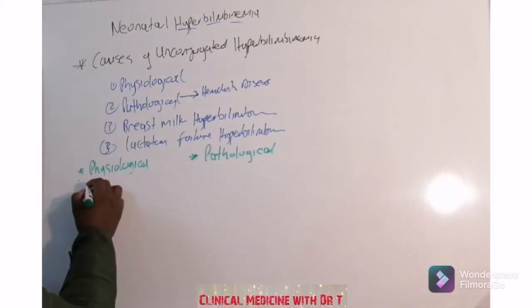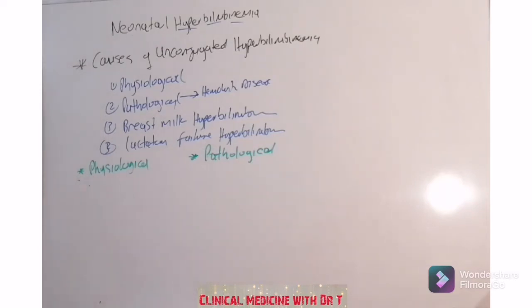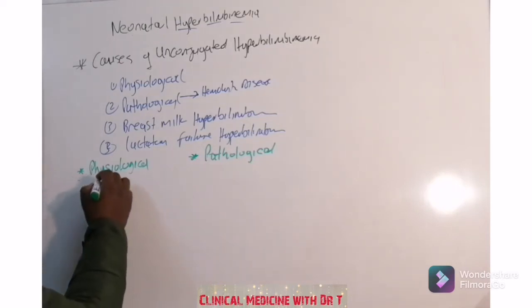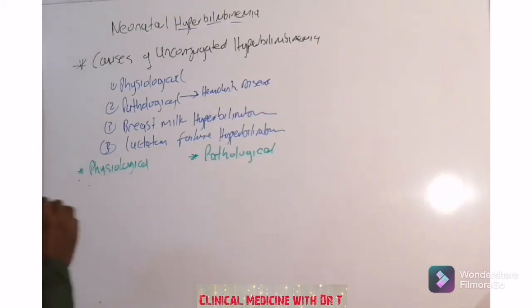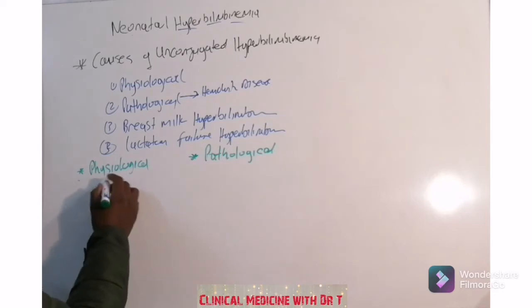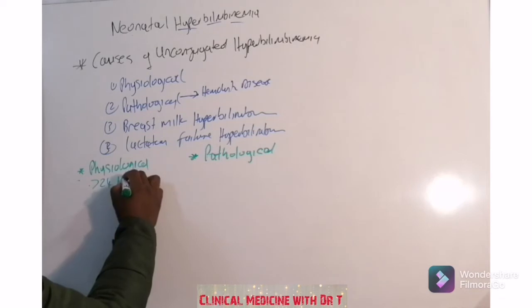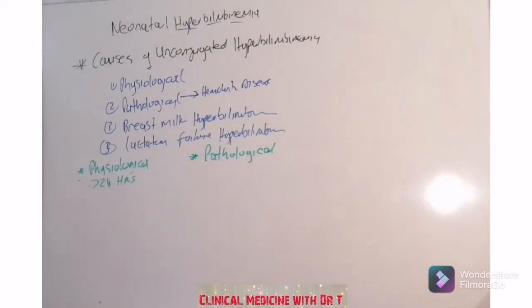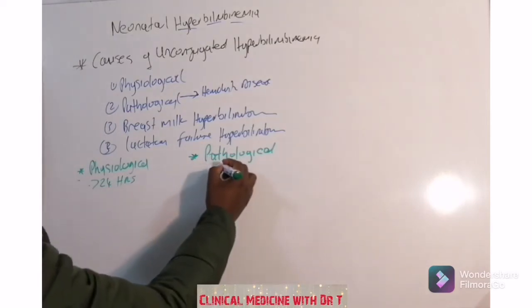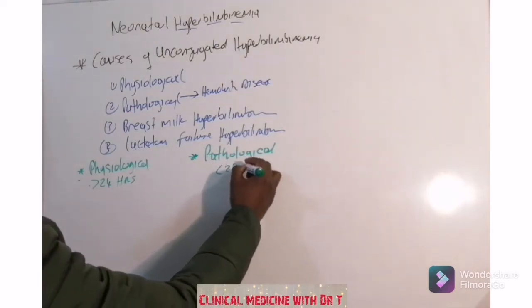But what is important is that for us to say it's physiological, the jaundice must develop after at least 24 hours. Jaundice that develops within 24 hours points to trouble.